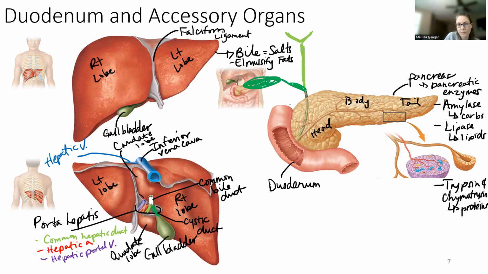There's my gallbladder, my other duct, okay? So I have my gallbladder, and this is the cystic duct. So stored bile goes from the gallbladder down the cystic duct into this duct right here, which is the common bile duct.